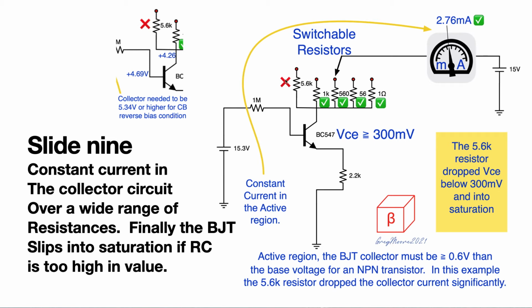5.6k, cross. 5.6k caused the transistor to go into saturation, and it had a much lower current, around about 2 milliamps. Now, saturation is also something which is sadly very misunderstood.